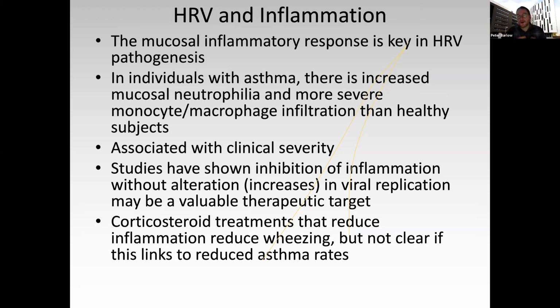However, if the inflammation is poorly controlled or excessive, then that can be quite a damaging process, and it's actually associated with clinical severity in rhinovirus infection.